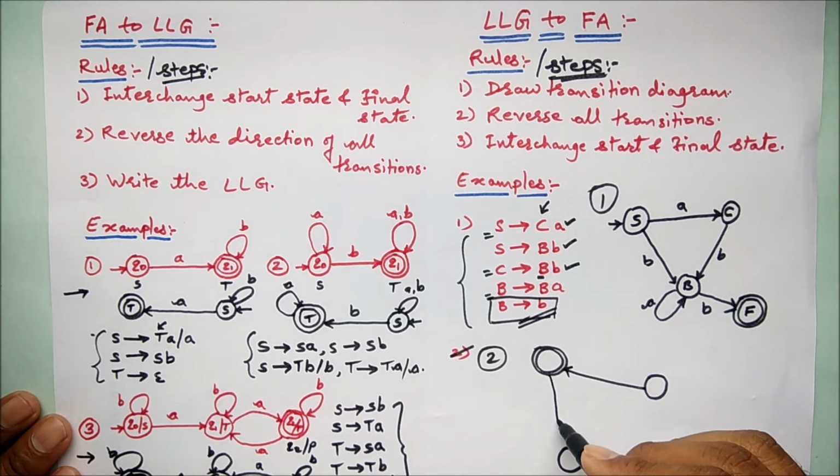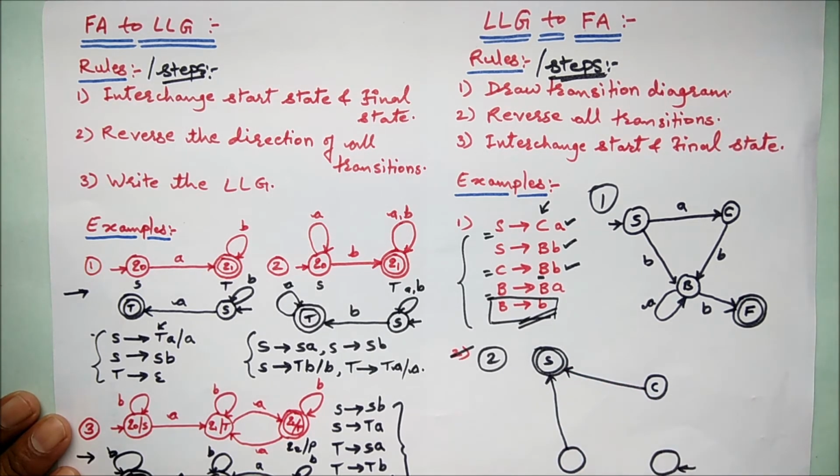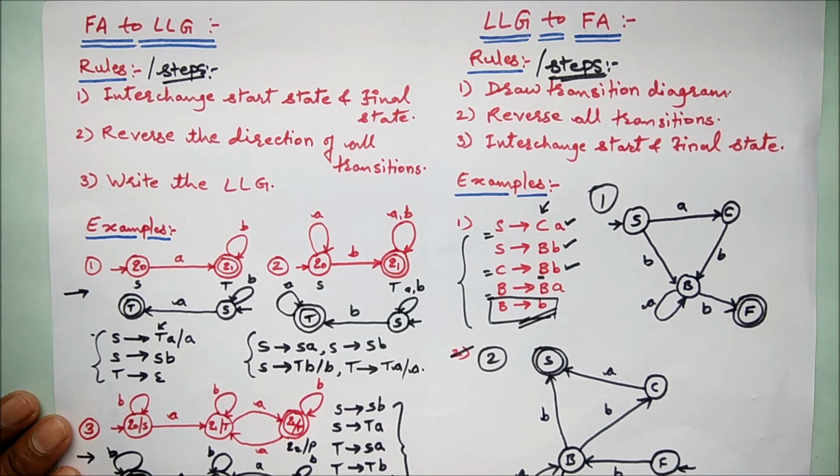So B is reversing to final state. Let's name them first S, C, B, and F, right? And F is transiting to B with B. B is transiting to C with C, and let's reverse the direction with A, and this gives us A, this gives us B, B, A, and so on, right?